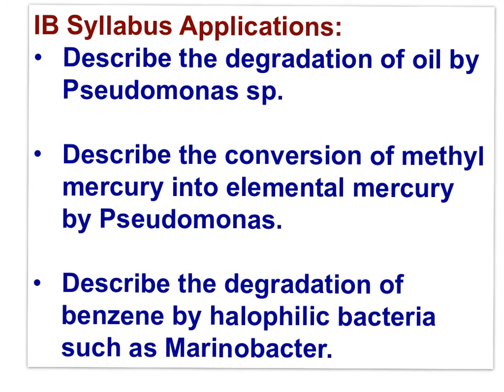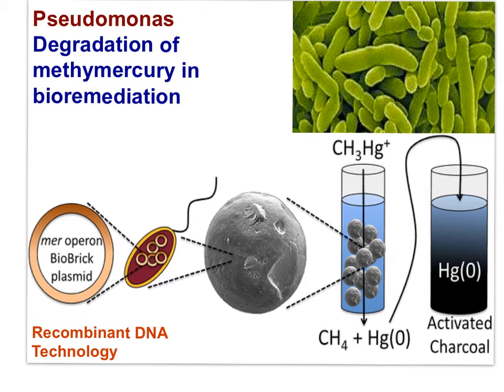Now, let's look briefly at the conversion of methyl-mercury into elemental mercury by Pseudomonas. Mercury is often released to the environment by industrial processes, resulting in methyl-mercury formation in soils and sediments. Methyl-mercury is toxic because it is easily absorbed into the tissues of organisms, accumulating in concentration within those tissues, which results in mercury poisoning.